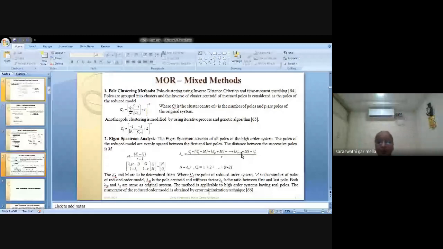In between, he equally distributed the poles. There may be many poles at different locations in between, but he did not consider them as a whole; he took their centroid, retained that centroid, but evenly spaced. That's why sometimes it is not giving a proper response. And he took the numerator polynomial with an error minimization technique, which is a very laborious method.